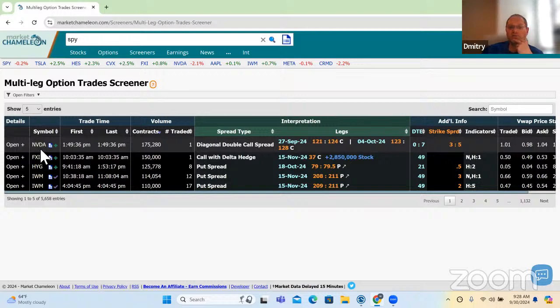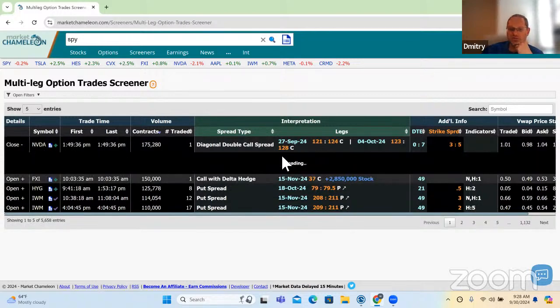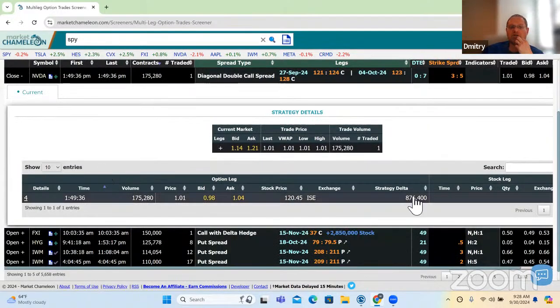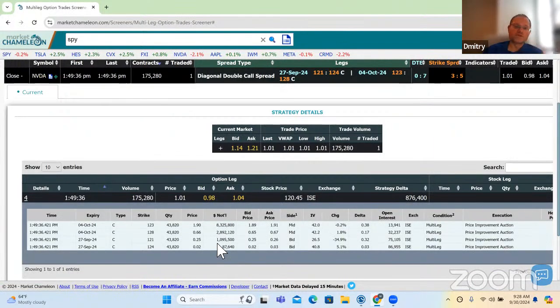If you open it up, you'll get more details on this trade. See, there are 4 legs. Just eyeballing it really quickly, and you'll get used to it if you look at this a lot, September 27th was expiring, and it looks like there's a call spread potentially on the September 27th, 121, 124.